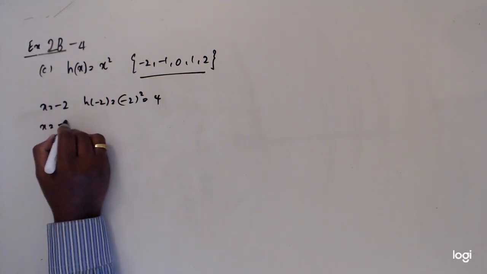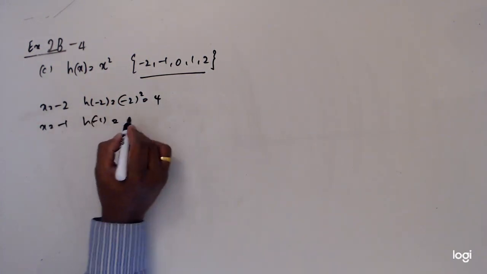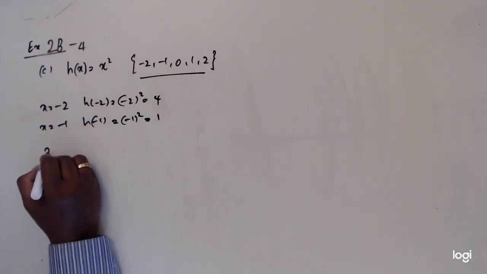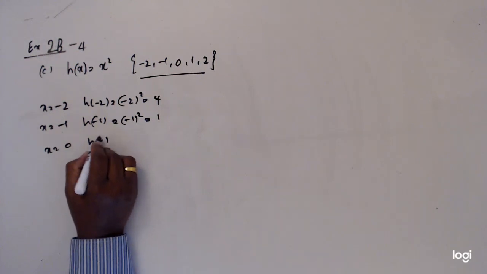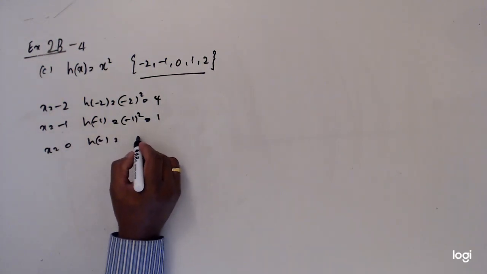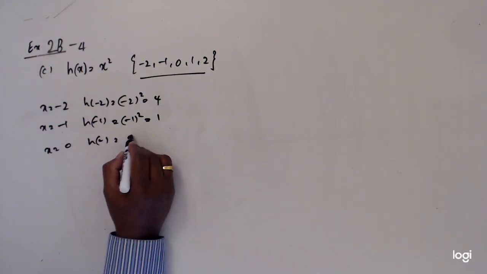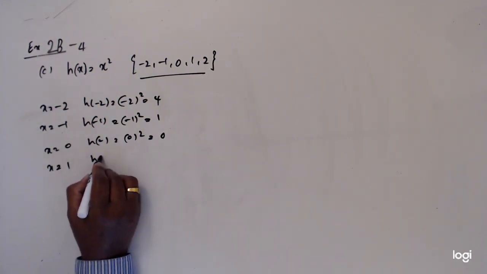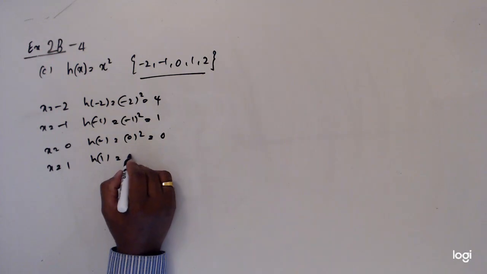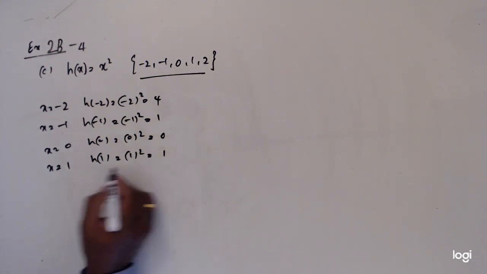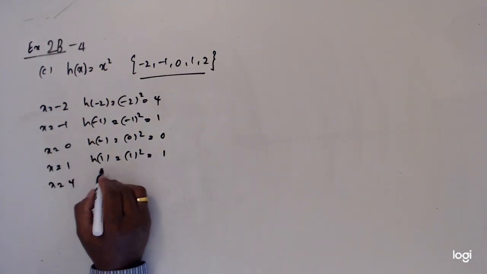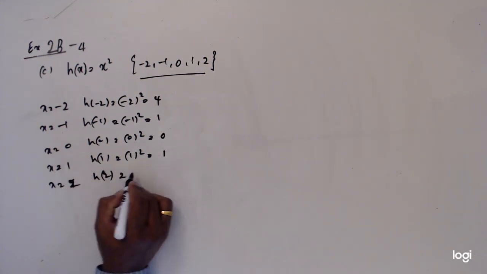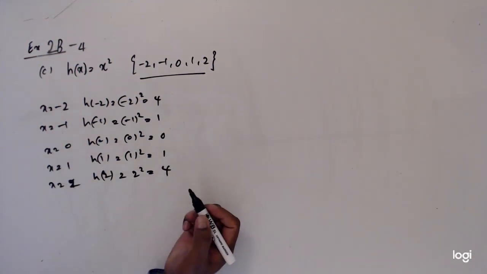When x equals -1, h(-1) equals (-1) squared, equals 1. When x equals 0, h(0) equals 0 squared, equals 0. When x equals 1, h(1) is 1 squared, equals 1, and x equals 2, h(2) equals 2 squared, equals 4.